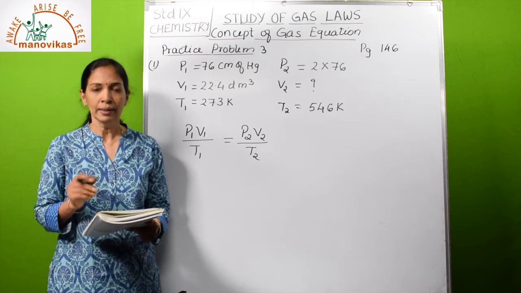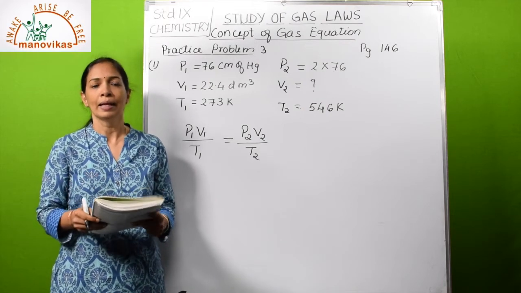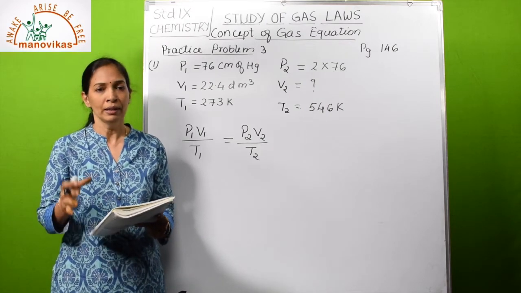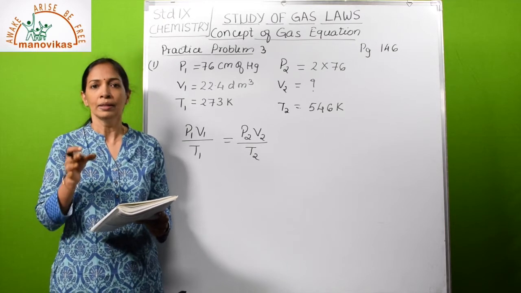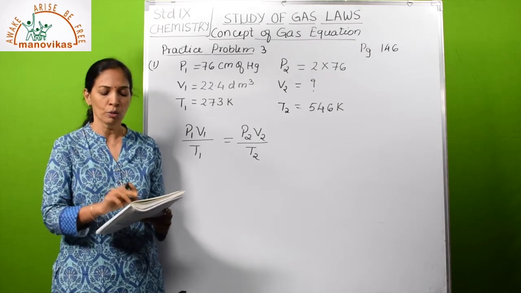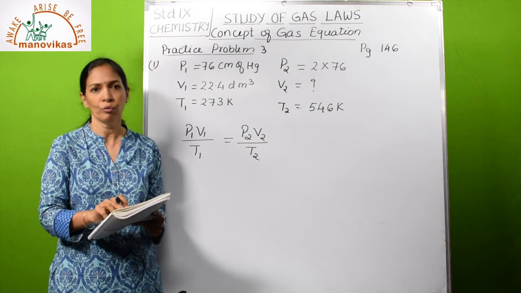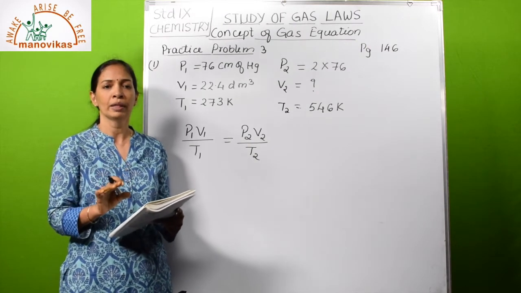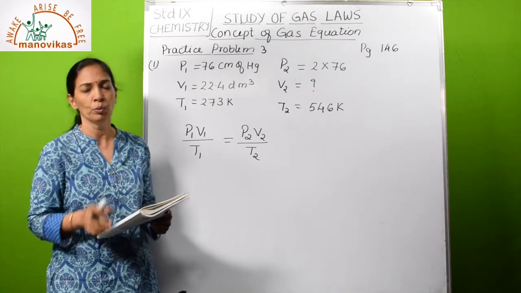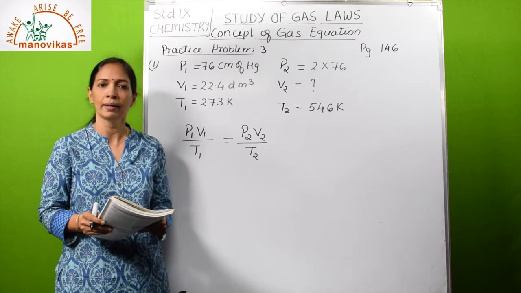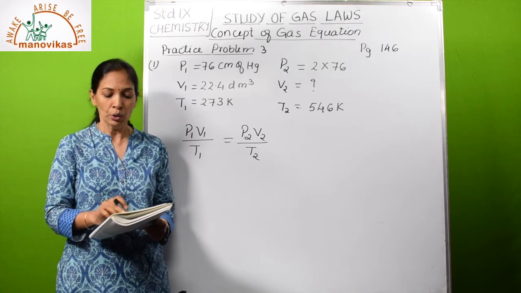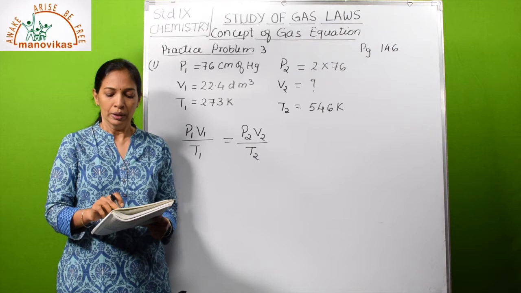Okay. In this question, the values at STP are initial ones. Initially, gas at STP, standard temperature and pressure, occupies volume 22.4. This is standard. 1 mole of a gas, any gas, occupies 22.4 decimeter cube at standard temperature and pressure.